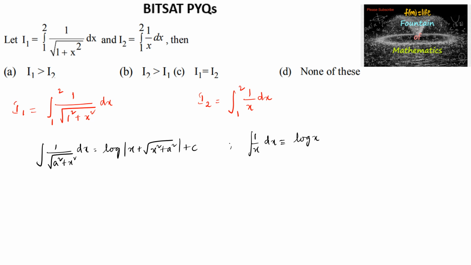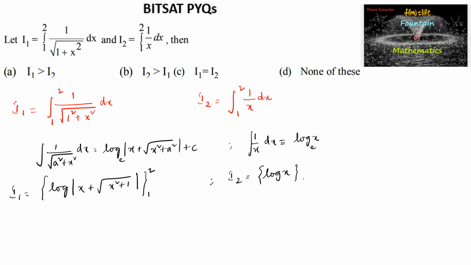So both are natural logarithms, so we can take base e, and we can write I1 is equal to log mod of (x plus root of x square plus 1) over the limits 1 to 2, and I2 is log x over the limits 1 to 2.